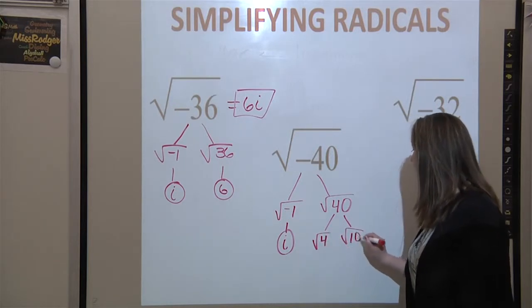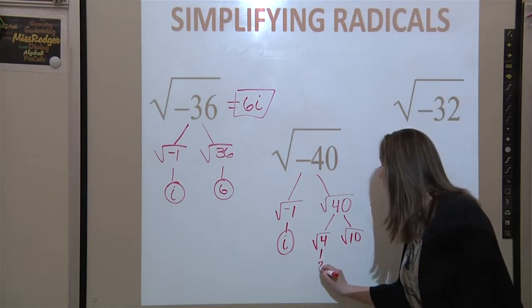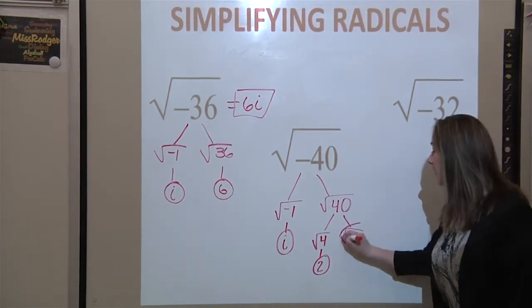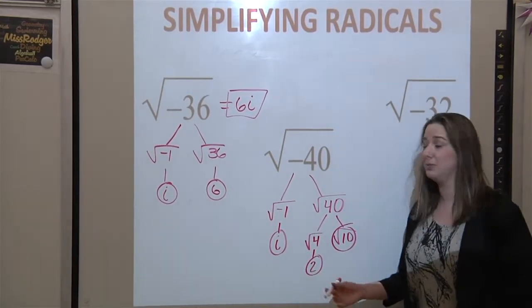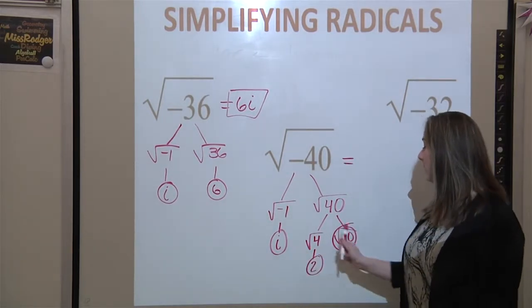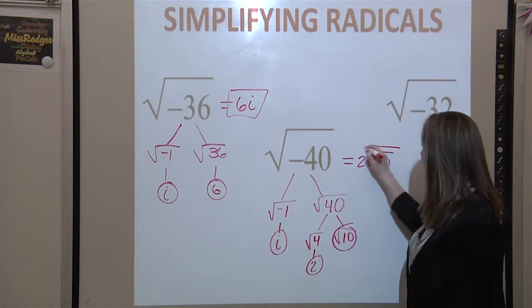Radical 4 times radical 10 is radical 40. And radical 4 is 2, since it's a perfect square, 2 times 2 is 4. And radical 10 does not break down. So when I put all of my circled terms together using multiplication, I have 2 times i times radical 10, to give me 2i radical 10.